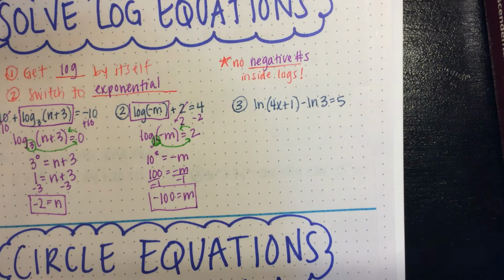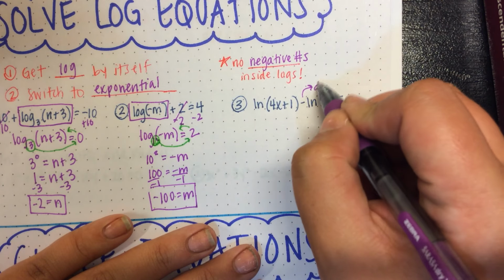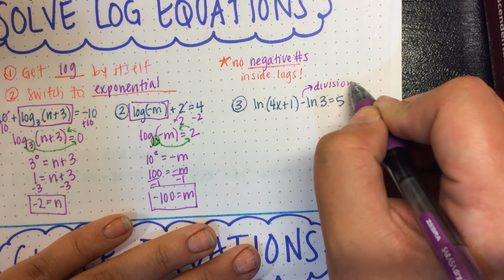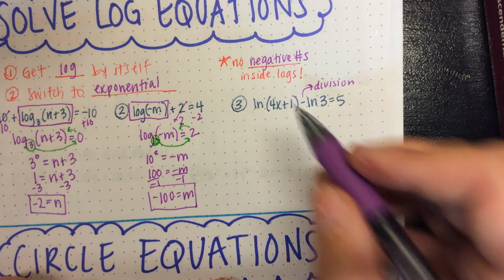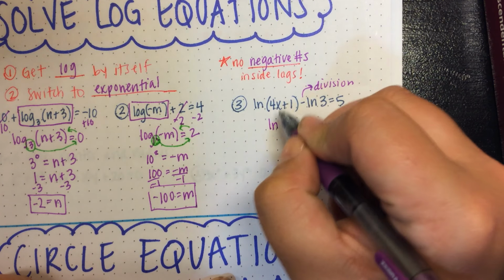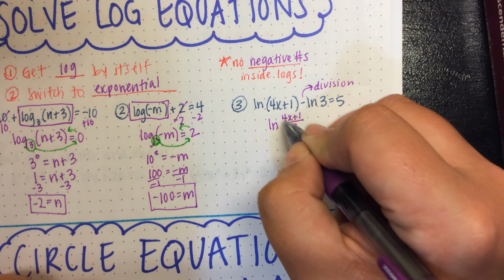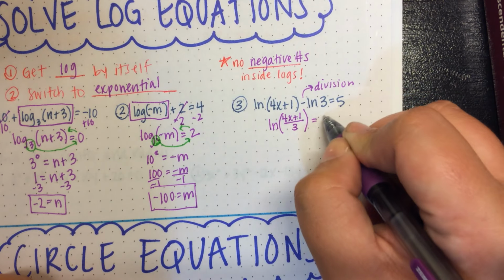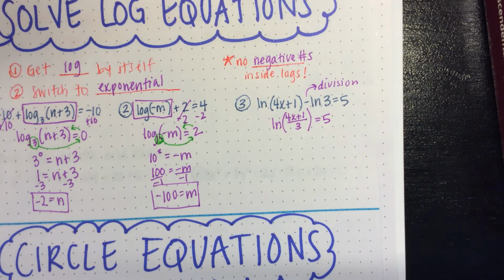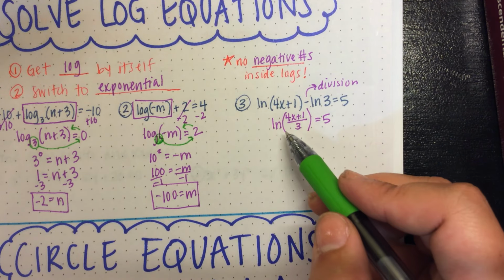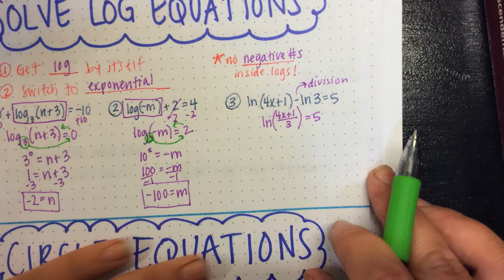So with subtraction comes division. All right? So I'm going to take natural log of the first stuff divided by the second stuff. So we got this big old fraction in there.